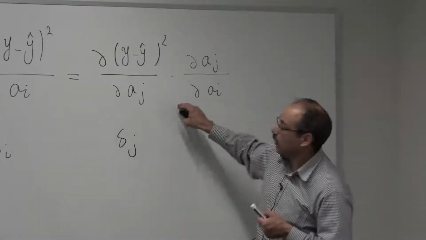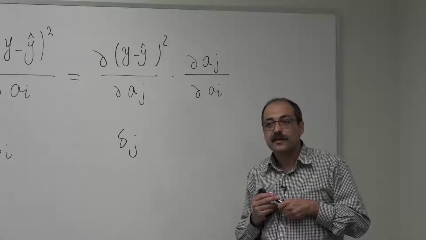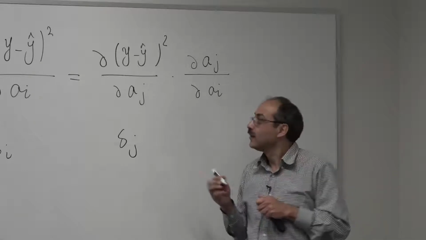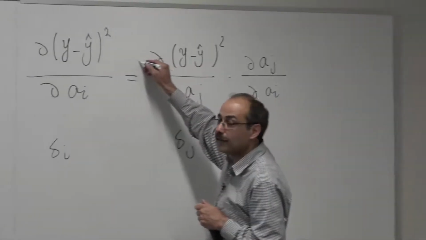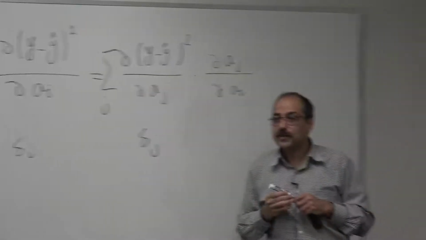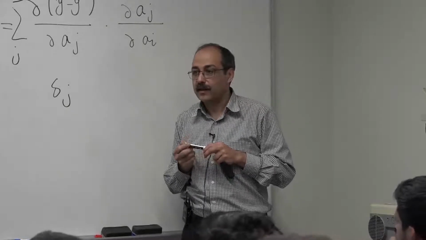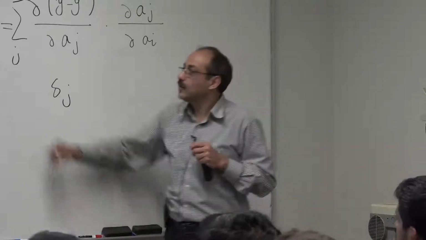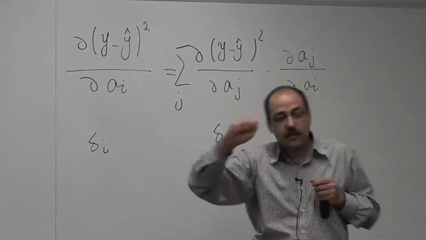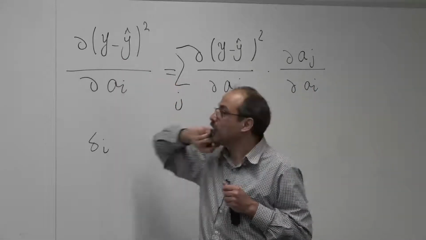So is this chain rule correct? There's something missing here. Summation over all J's. Why should I have this summation? Because AIs depend on all the AJ before. Exactly. You know, what's the meaning of this derivative? It means that I perturb AI, and I would like to know what's the effect of perturbing AI on this cost function, right?